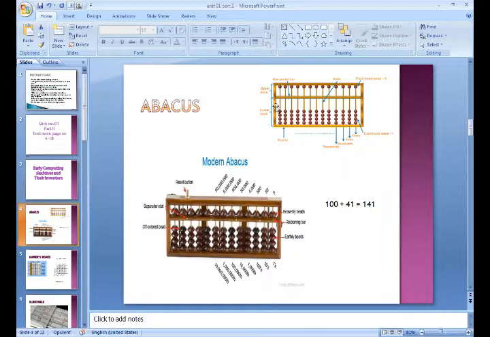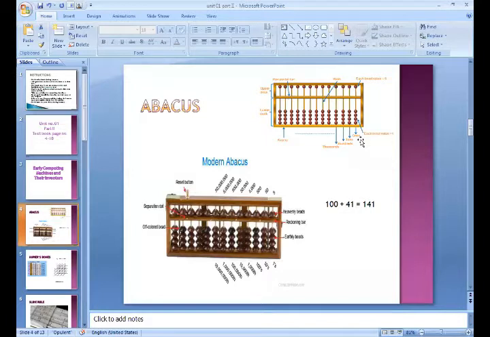Okay, how can we use the abacus? You see the box, that is called the frame. It is divided into two parts: the upper part and the lower part. You see the center line, that is the horizontal bar. You see some rods, that is called rods. In the upper deck, each bead value is equal to 5, and in the lower deck each bead value is 1.